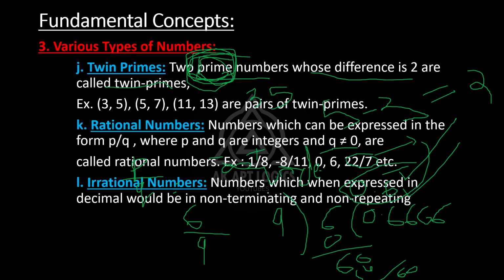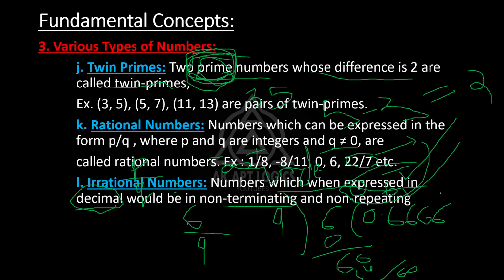Numbers which, when expressed in decimal, would be non-terminating. Non-terminating means those are not ending, those are not able to end.